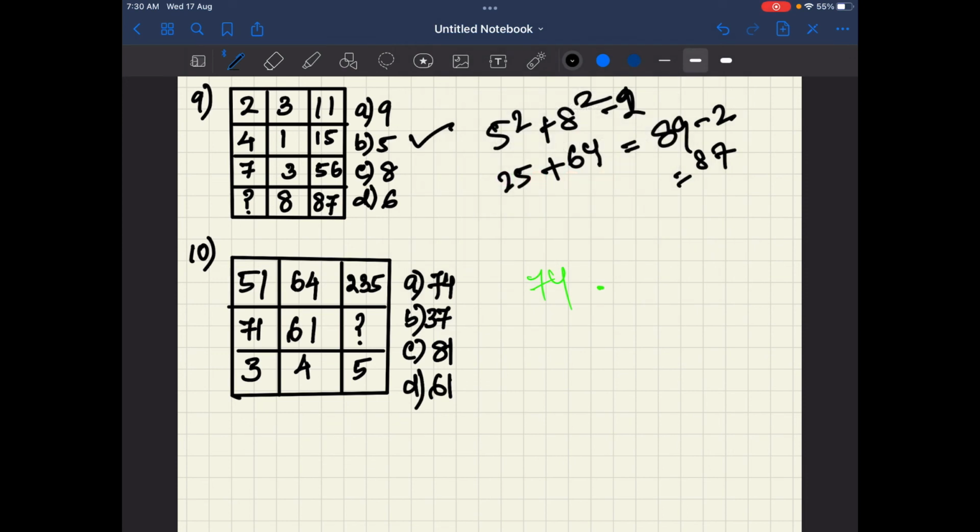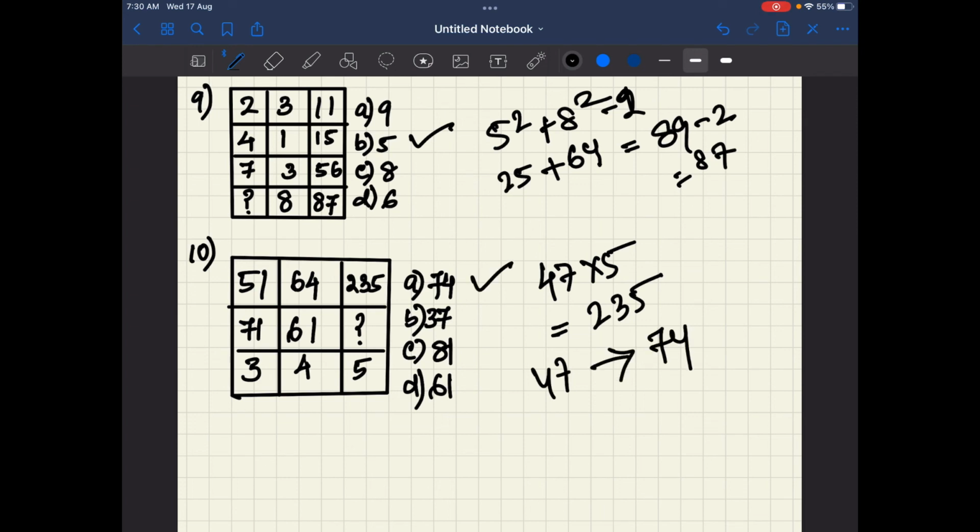So we can write it as 47 into 5 equals to 235, and 47 with digits rearranged is 74. So the answer is 74.